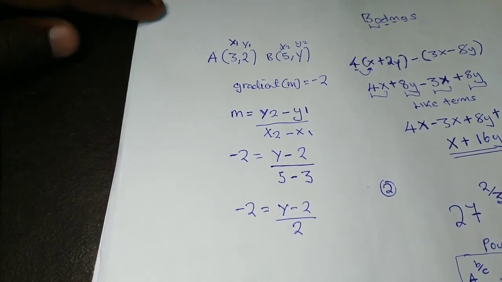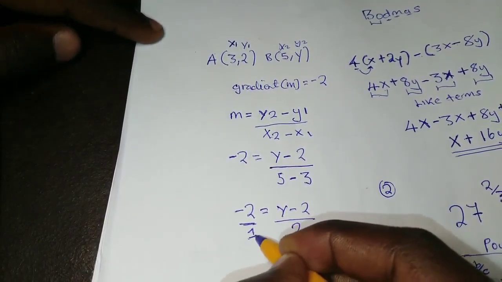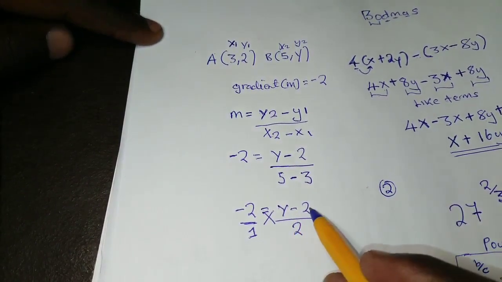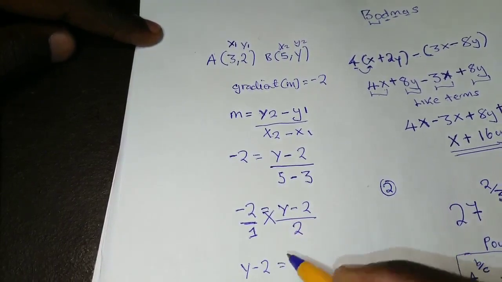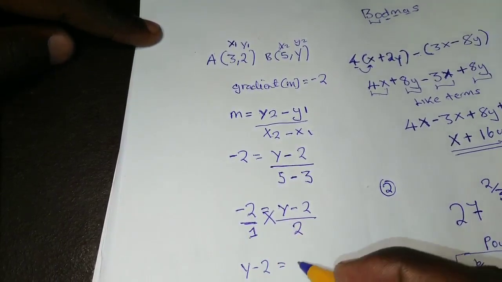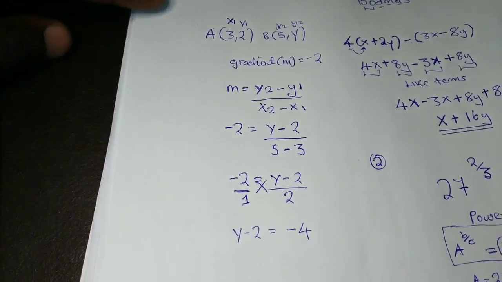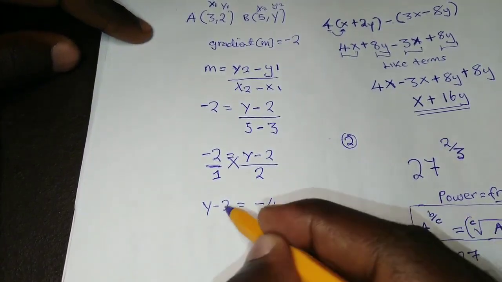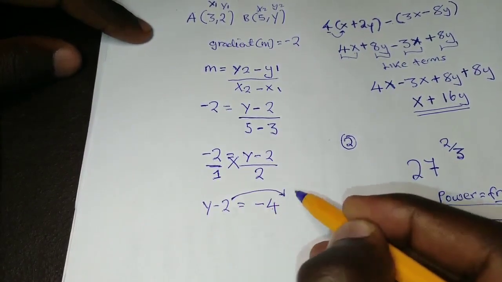Here, what do we do? We solve this mathematically by putting -2 over 1 so that we can cross multiply. So y minus 2 times 1 gives y minus 2 is equal to -2 times 2, which gives negative 4. At this point we group the like terms. This is a constant and this is a constant, a number without a variable, so the 2 comes this side.